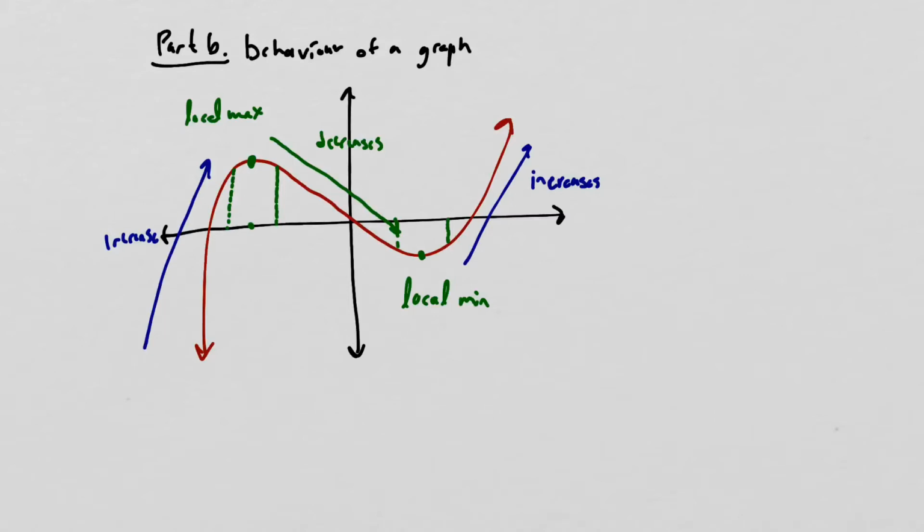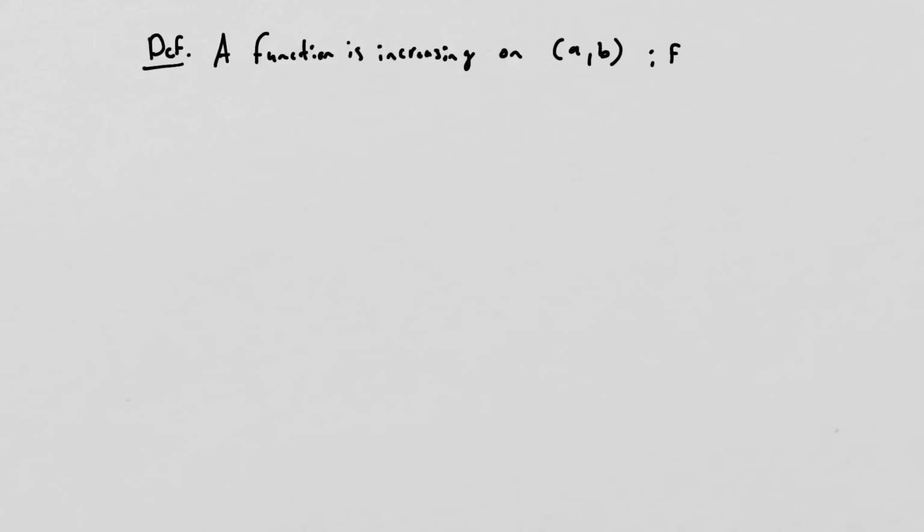Let's go ahead and introduce some of these terms as definitions. We say that a function is increasing on an open interval, we'll call it a to b, if f of x is greater than f of y, where x is greater than y, and x and y are in a to b.